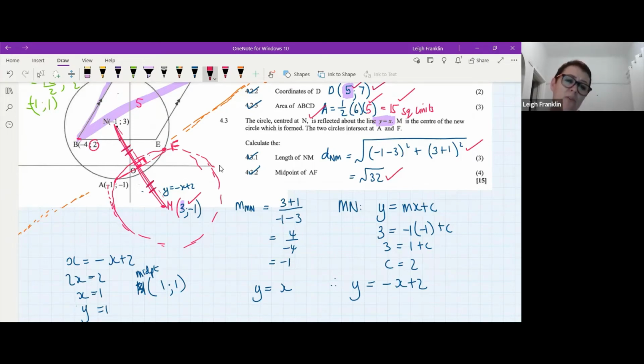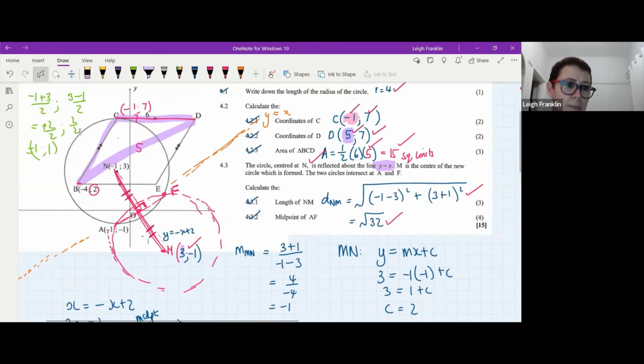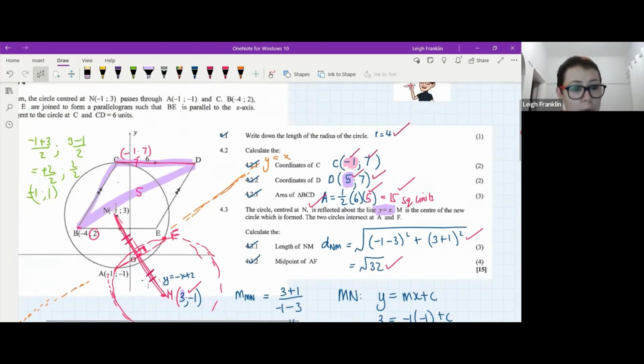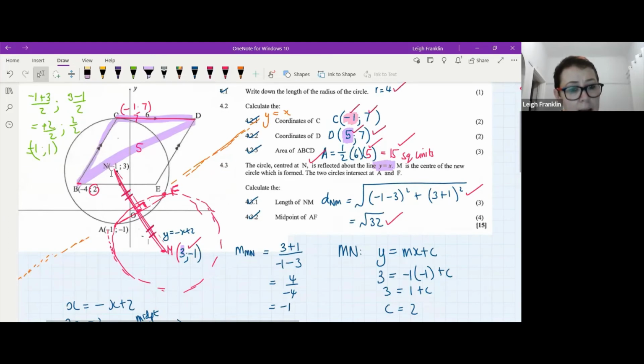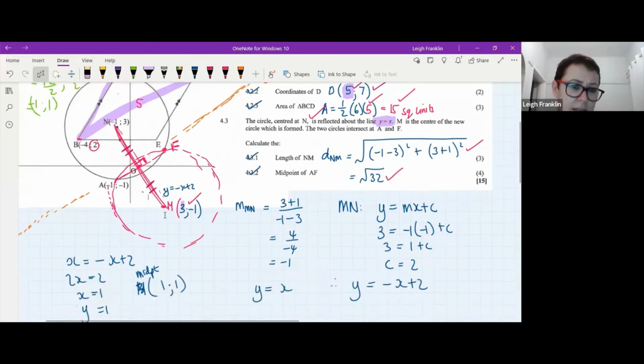Right. So another way for us to do this would be to use the midpoint formula, which was much, much easier. That's what I had done up here in green, where I worked out the midpoint of line NM, which has the coordinates 1 and 1. It's the same coordinates. And we would get the same answer as if we solved simultaneously, right?